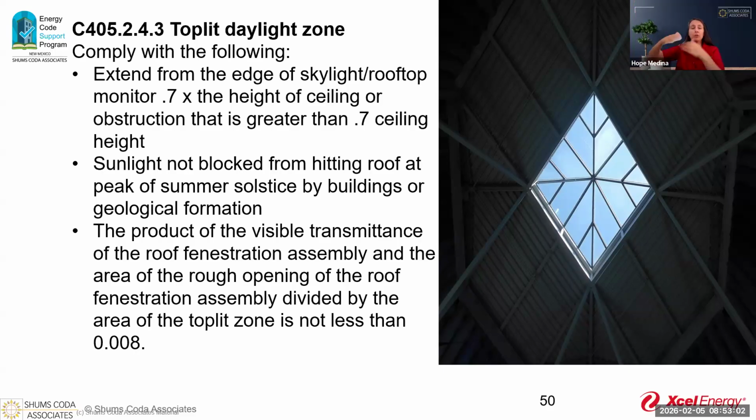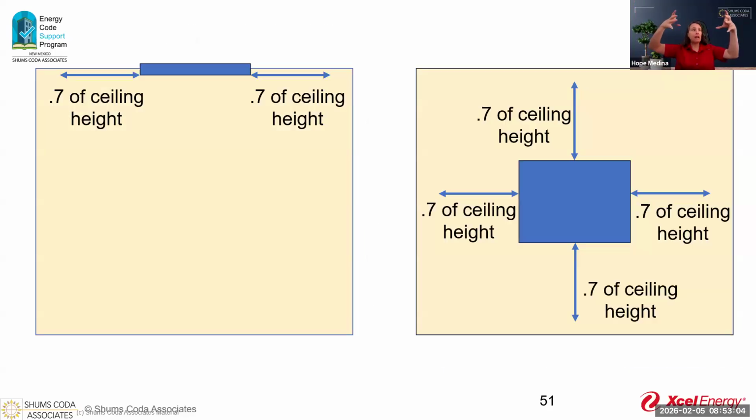Basically, when you measure that, here's my skylight. How high is the ceiling? It's 10 feet. Great. Now I know that the ceiling is 10 feet. I'm going to multiply that by 0.7. That's 7 feet. So 7 feet all the way around the skylight is where my daylight zone is going to reside on the actual plans, that I'm going to have to figure out our controls required.